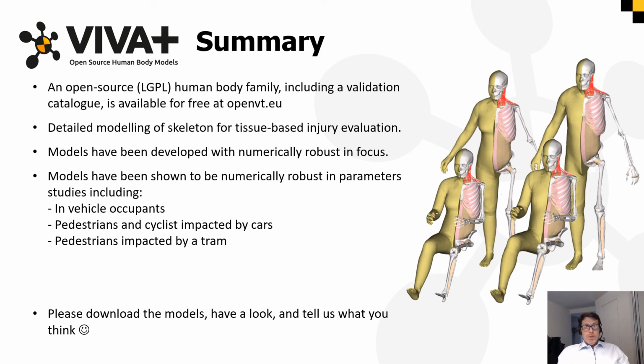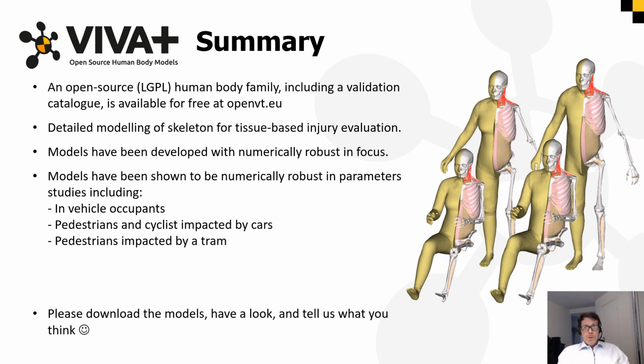To summarize my presentation, an open source human body model family, including a validation catalog, is available for free at openvt.eu. We have used detailed modeling of the skeleton to enable tissue-based injury evaluation. The models have already from start been developed with robustness in focus, and we continuously monitored the robustness using some severe impacts.